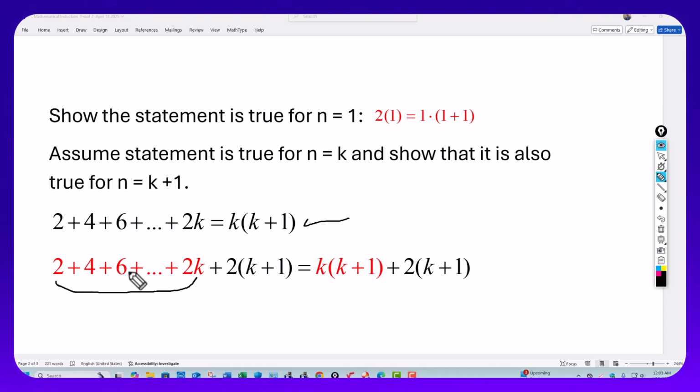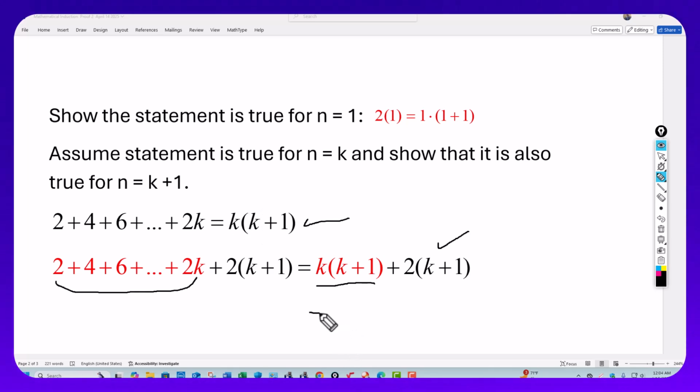So on the right side, the sequence there in red represents this. And then I added the next one, k plus 1, so it's k plus 1 times 2, and I get this part. Now, to complete the proof, I have a k here, but the actual formula, remember, had an n. So I have the k, and I have to have k plus 1.